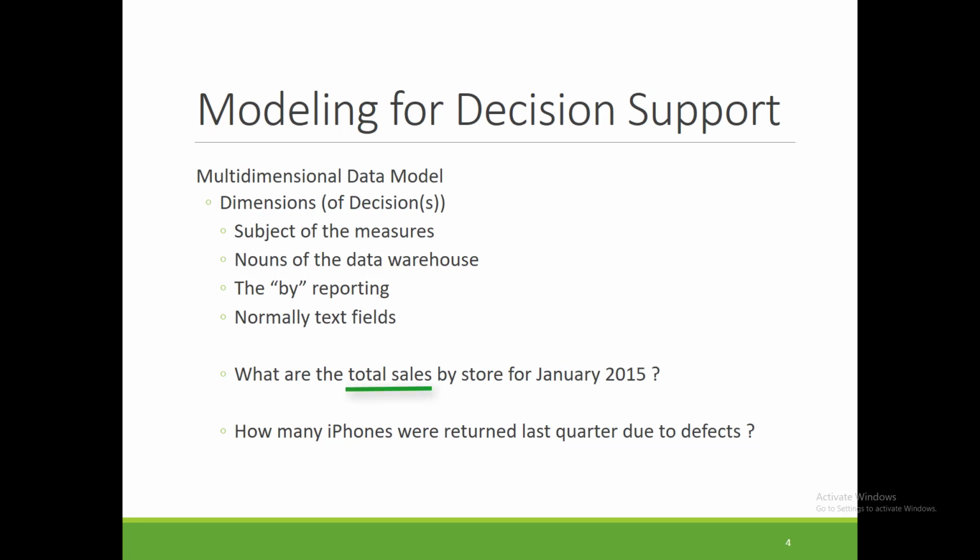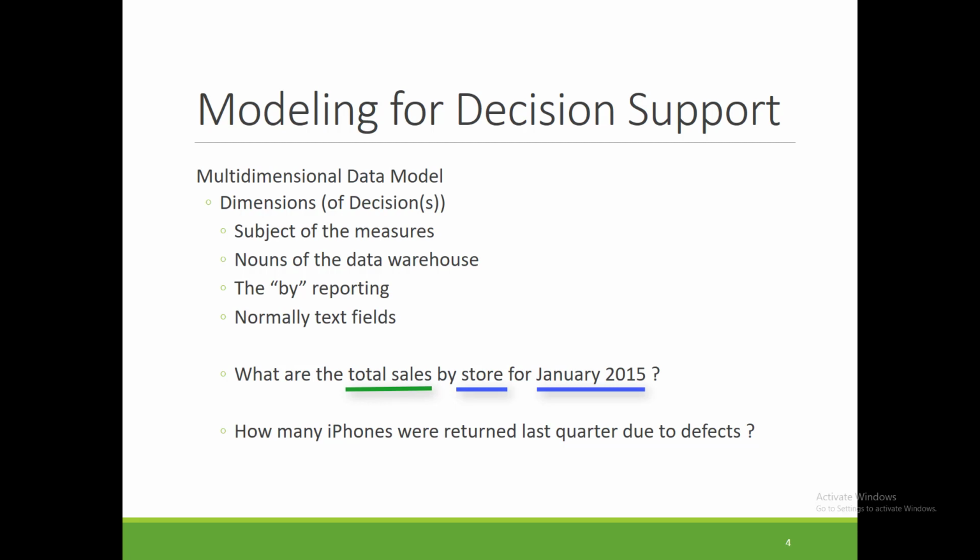And then what do we want total sales by? What are our dimensions going to be? Well, our dimensions are going to be by store, and then by time, which is January 2015. So we want total sales by store by date.